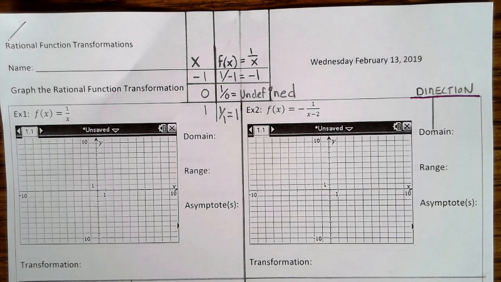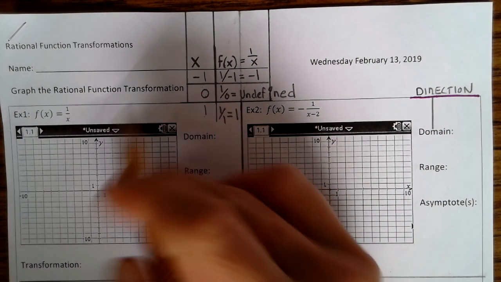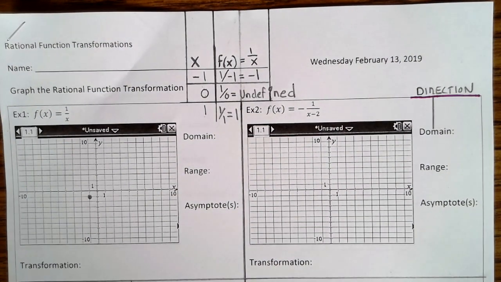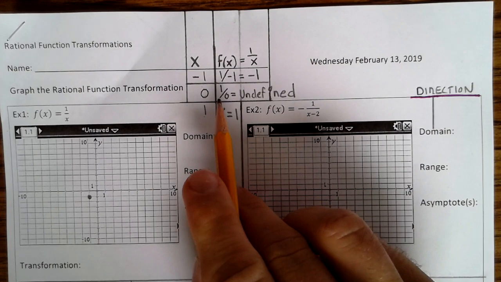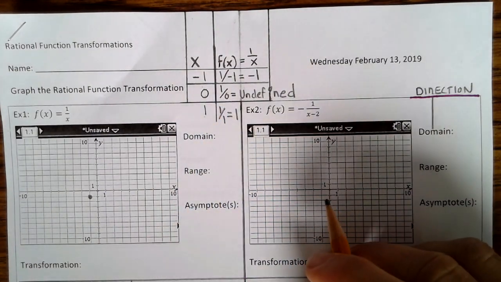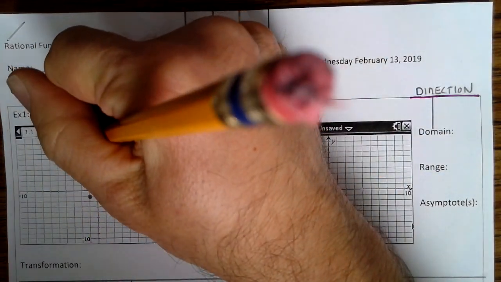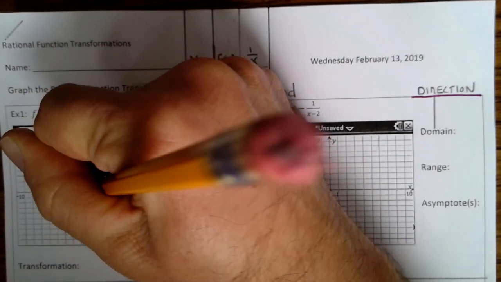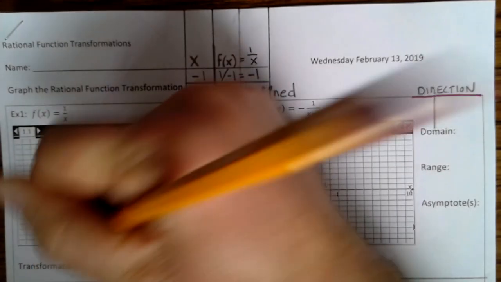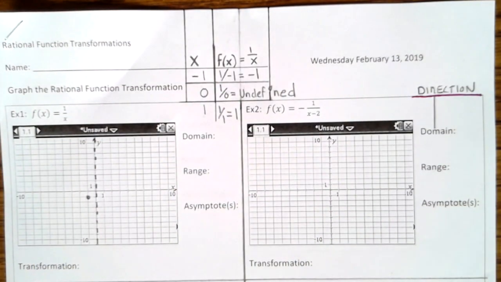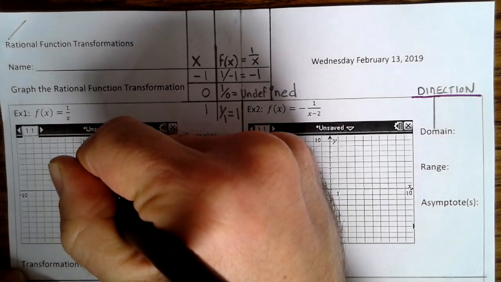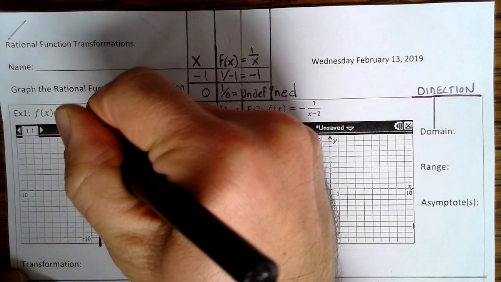So let's graph those points. When x is negative 1, so negative 1, negative 1. Now when x is 0, it's undefined. So that means we have a vertical dashed line. I'll use a black marker here so you can see it better. Because when x equals 0, it's undefined.